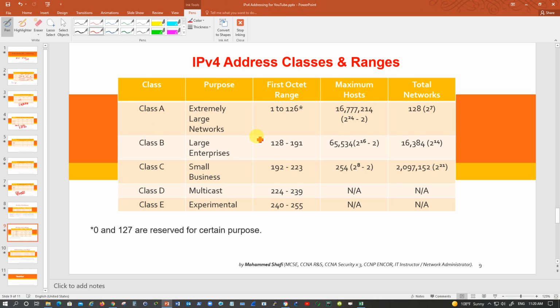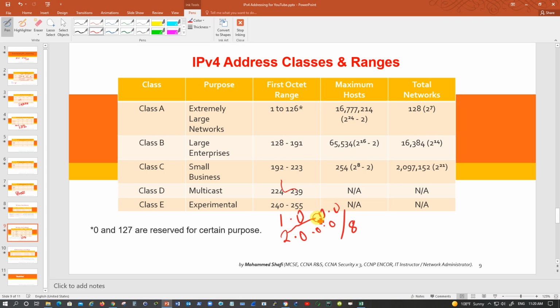For example, if I were to write down a class A network address, I say 1.0.0.0/8, meaning that I have just 1 octet reserved for the network. Likewise I can have 2.0.0.0, 3.0.0.0, and so on.